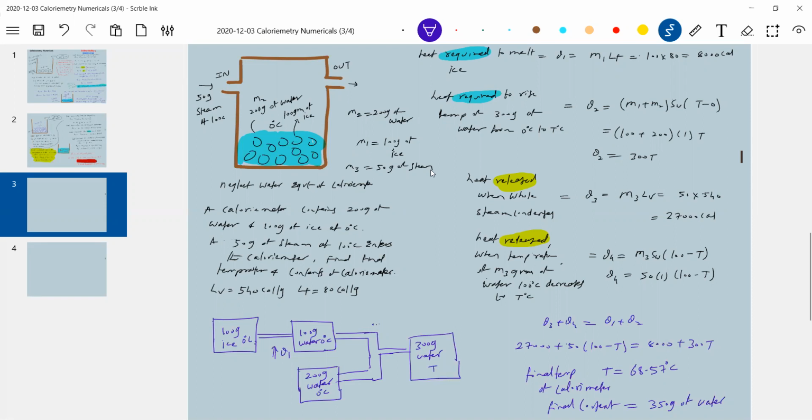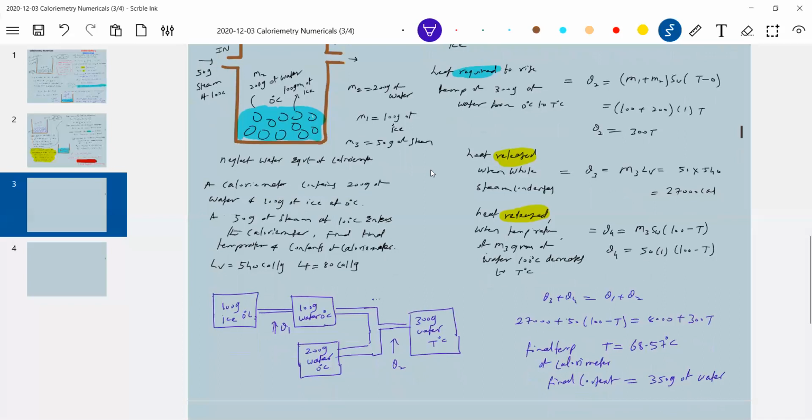For that they need heat, no? That heat is Q2. Who will supply this Q1, Q2?